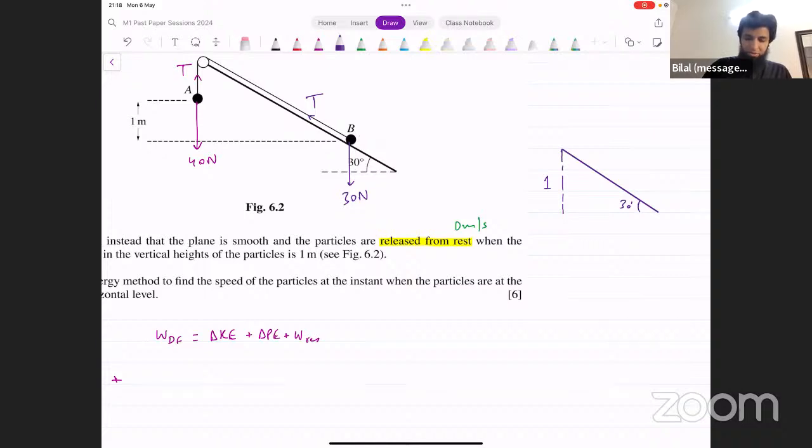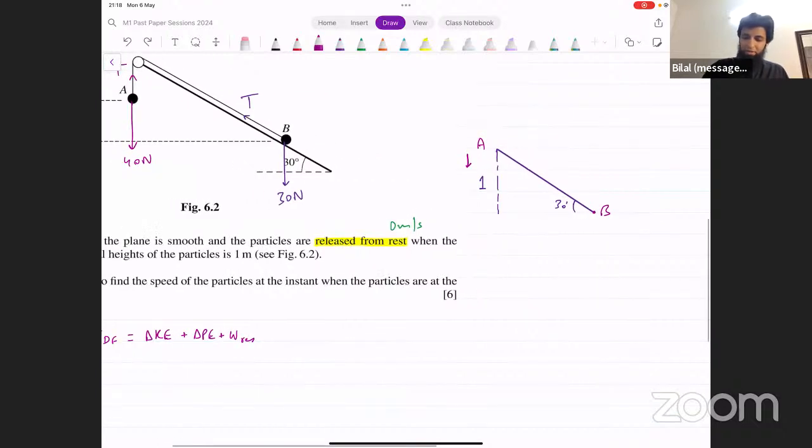Now let's suppose A was here, A is supposed to move downwards. And B is, let's suppose here, B is supposed to move up the plane. Now A is moving downwards and B is moving upwards.